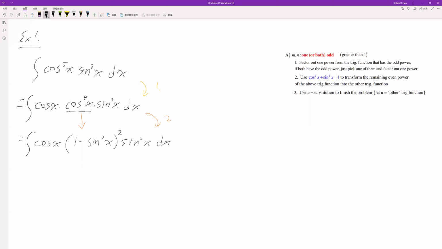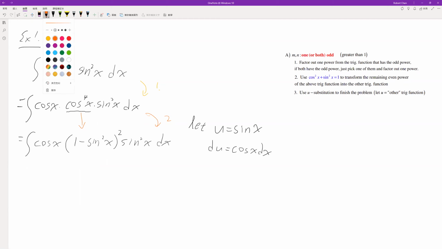We let u be equal to sine x, and du will be cosine x dx. The du will take care of the cosine x dx, so this part right here is your du.